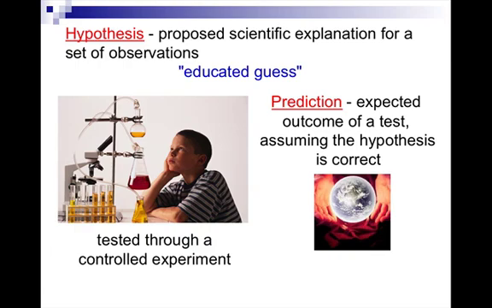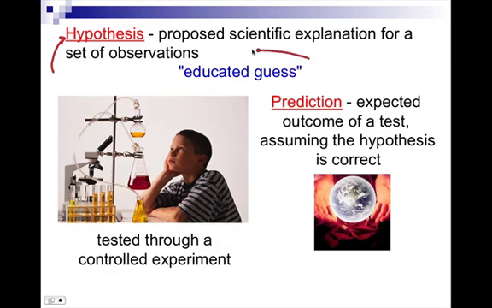Next definition is going to be hypothesis. And I know that these things are probably words that you've heard before. So once again, even though you've heard them, please write down these definitions. A hypothesis is a proposed scientific explanation for a set of observations.